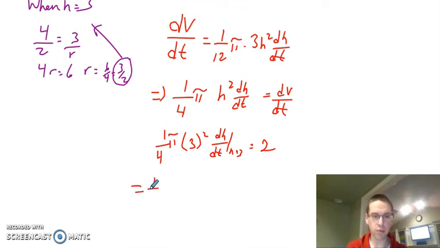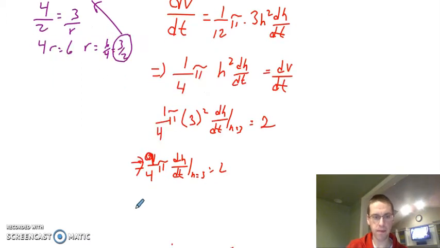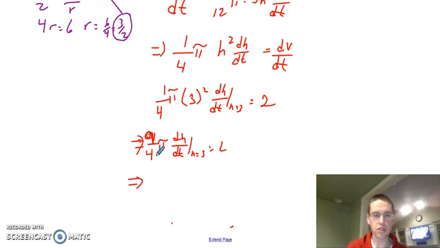So now I can say that's 9/4 pi, and the pi, notice, is really in the numerator, dh over dt, when h equals 3, equals 2. And so when I need to get this over, it's really 9 pi over 4.